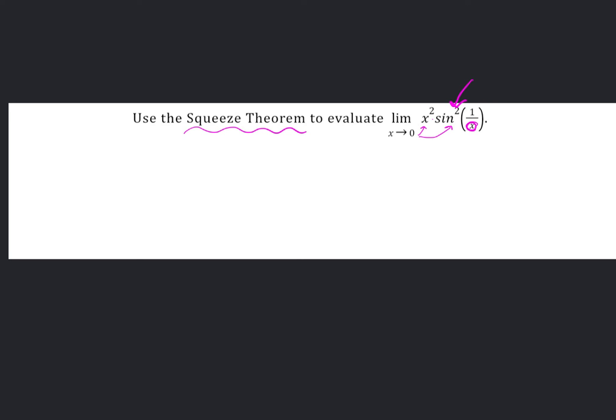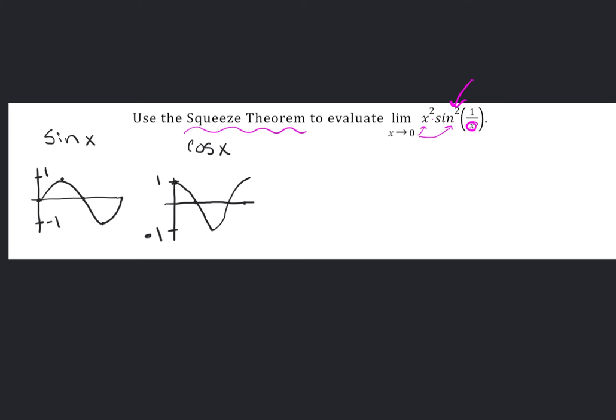First, I want us to think about just some basic trig functions here. Here I have just a quick sketch of sine x and cosine x. Notice how their graphs are always going from -1 to 1. And that range is true for functions like sine of 1 over x and cosine of 1 over x.